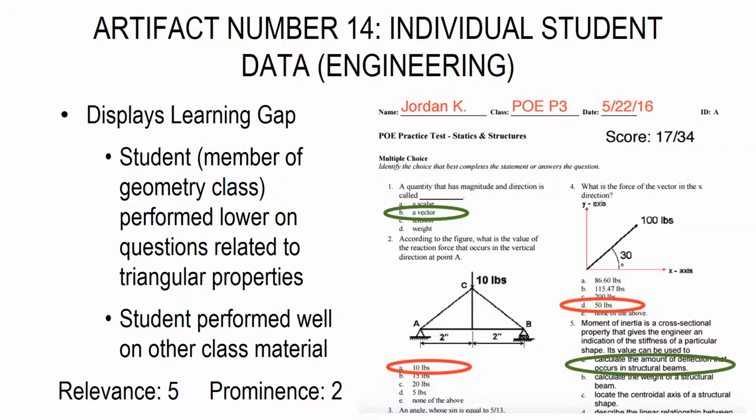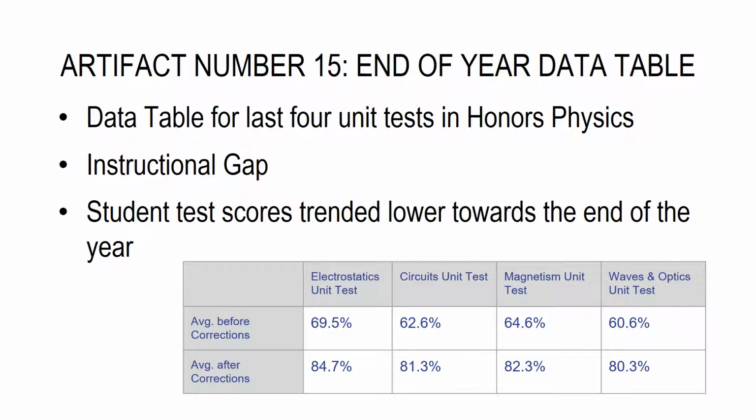And since this chapter 10 was based on similar triangles, having problems with triangles might be a big issue. But the student performed well in other class material, and since we came across this, the relevance was 5, again looking at using triangles in general, but with a prominence of 2, in that maybe it's not related to this overall chapter 10, and that it was only a few students having problems with this.